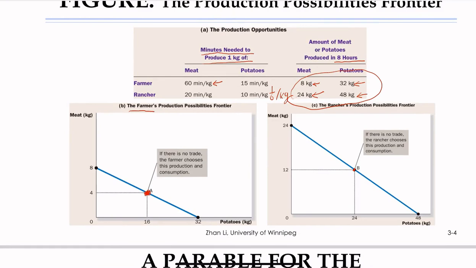They will just consume what they have produced, which means the farmer will produce 4 kilograms of meat and consume 4 kilograms of meat, and consume 16 kilograms of potatoes. Similarly, the rancher will consume 12 kilograms of meat and 24 kilograms of potatoes.